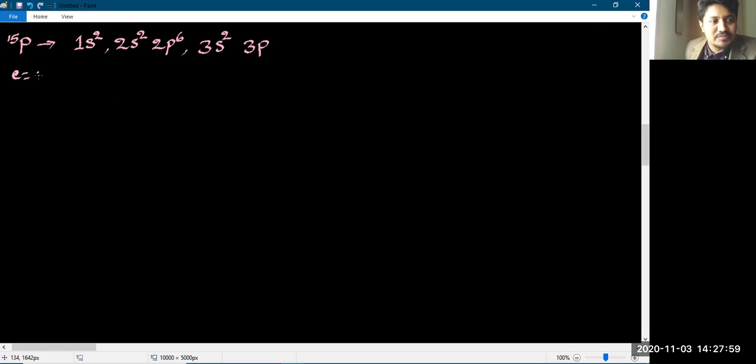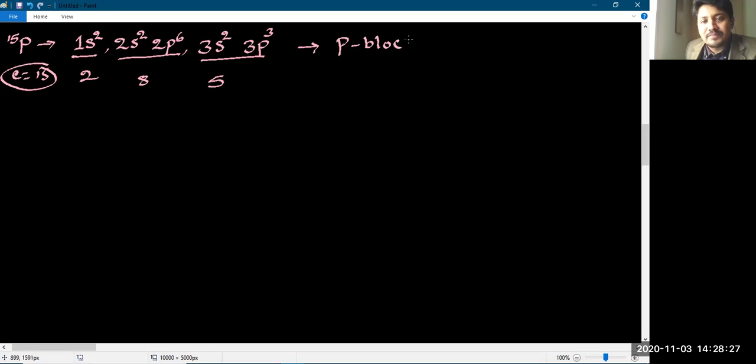Total electrons present in phosphorus is 15. 2 electrons fill the first shell, 8 fill the second shell, and 2 plus 8 is 10, so the remaining 5 electrons are there. 2 are already filled in 3s, and the remaining 3 fill in 3p. This will be the electronic configuration for phosphorus. Look here, the last electrons fill a p subshell, hence this belongs to the p block. Phosphorus is a p block element.